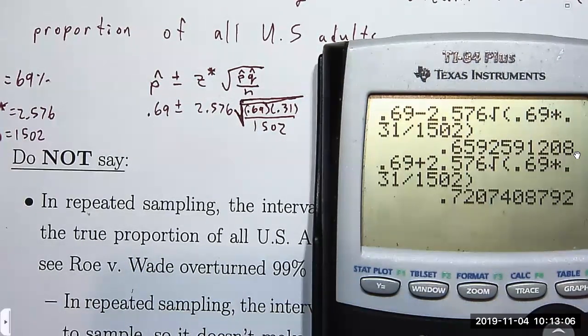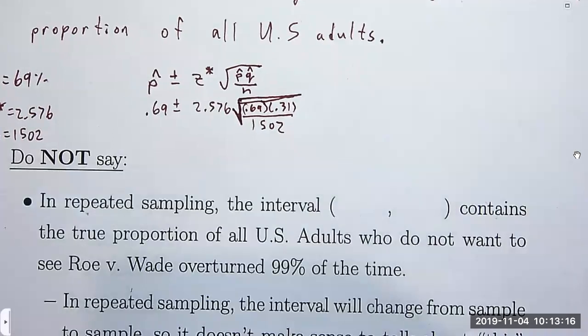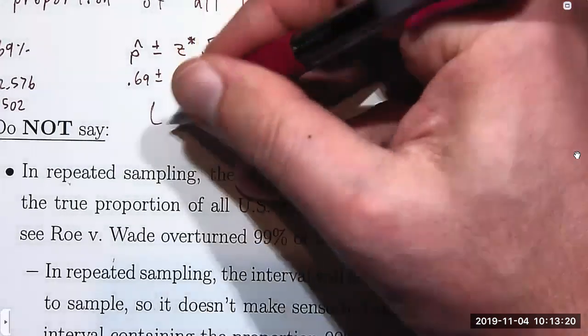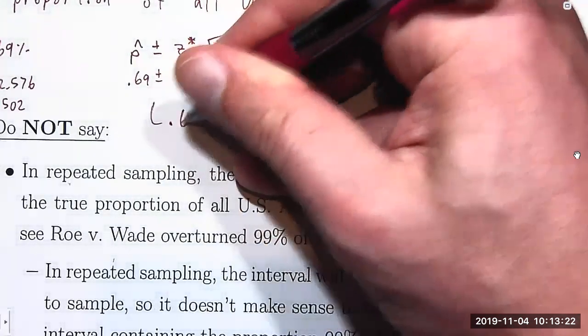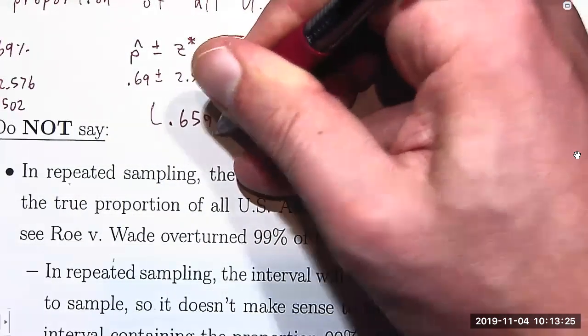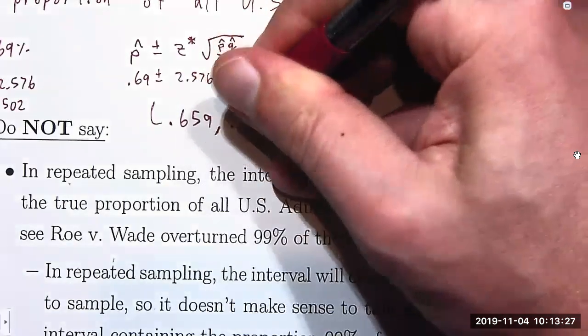Any questions with that? How I type that in? All right, cool. So you write it like this, 0.659, comma, 0.721.